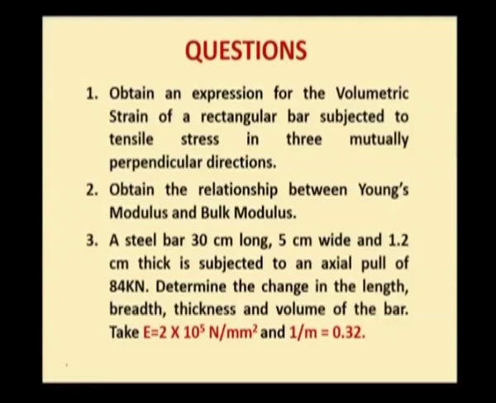A steel bar 30 centimeter long, 5 centimeter wide and 1.2 centimeter thick is subjected to an axial pull of 84 kilonewton. Determine the change in the length, breadth, thickness and volume of the bar. Take E equal to 2 into 10 power 5 Newton per mm square and 1 by m equal to 0.32. Here you have a steel bar.